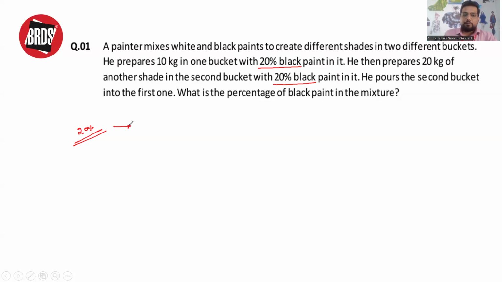But if you want a detailed understanding, it is given that there are 10 kg in the first bucket. So 20% is black, which means it would be 2 kg black color in that shade. In the other bucket, I have 20 kg where again it is 20% black color, which means 4 kg would be there.